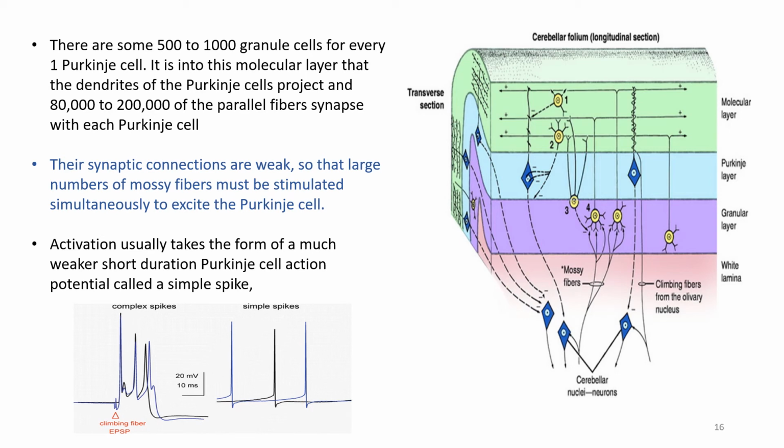The activation usually takes place in the form of a much weaker, short duration Purkinje cell action potential called the simple spike. Here are the complex spike and simple spike pictures. The simple spike is formed by the mossy fiber and the complex spike is formed by the climbing fiber.